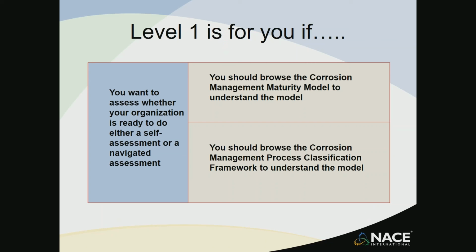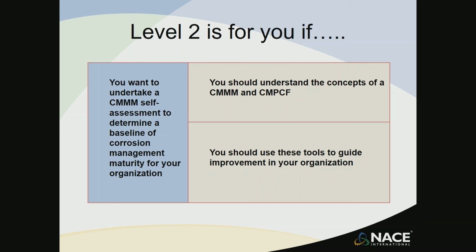Level 1 is for you if you want to assess whether your organization is ready to do either a self-assessment or a navigated assessment. Level 2 is for you if you want to undertake the corrosion management maturity model self-assessment to determine a baseline of corrosion management maturity for your organization.